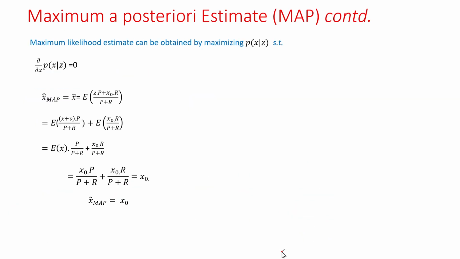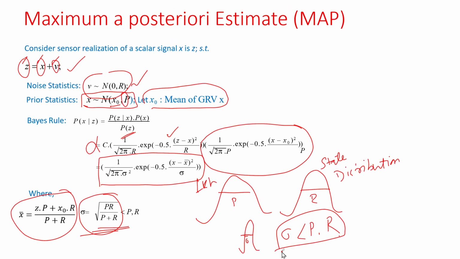Okay. Now, we got some kind of distribution, probability of x given z. My maximum likelihood is probability of z given x. This is the distribution of max likelihood, ML. Okay. What is my MAP? MAP is when you apply the Bayesian, so x given z.